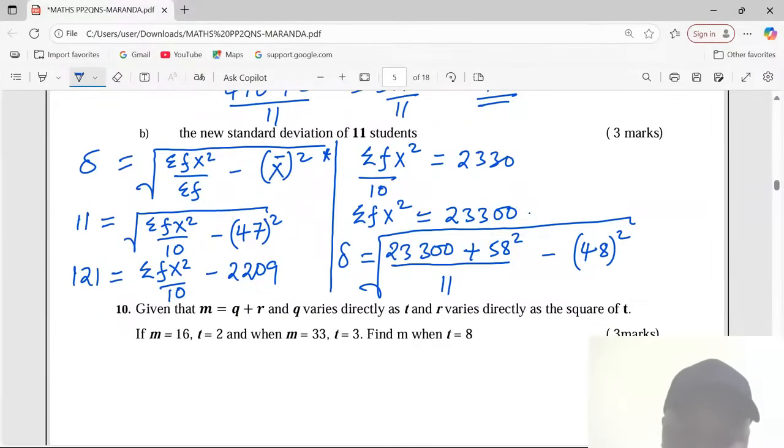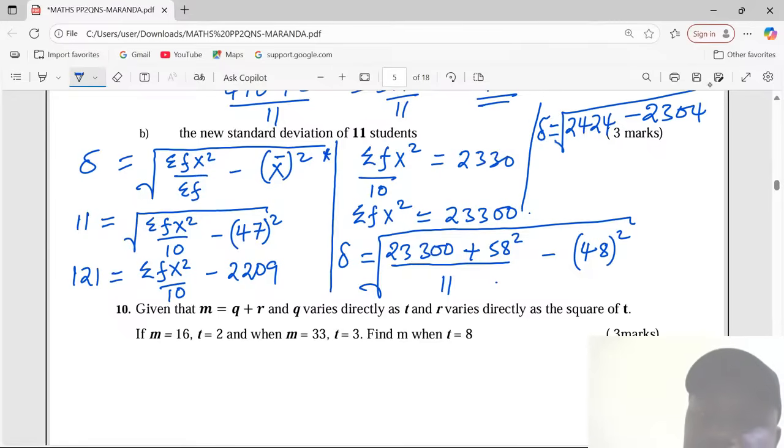I'm getting 24. Let me use the space up here. Sorry for that inconvenience, I like organizing my work well. So the standard deviation shall be 24 minus, when we square 48, we are getting 2304.